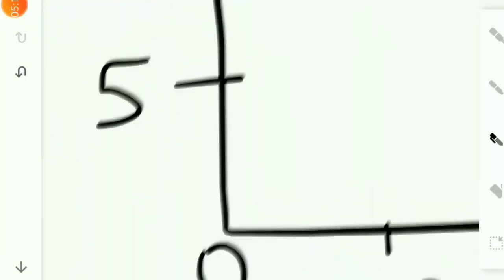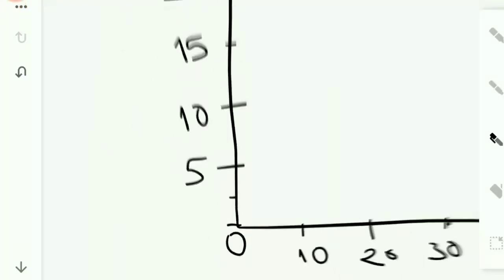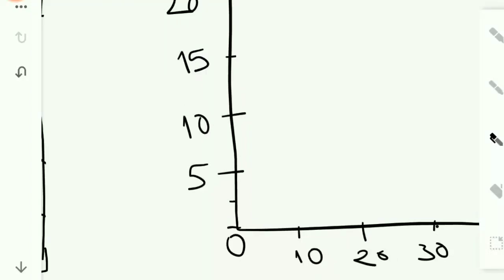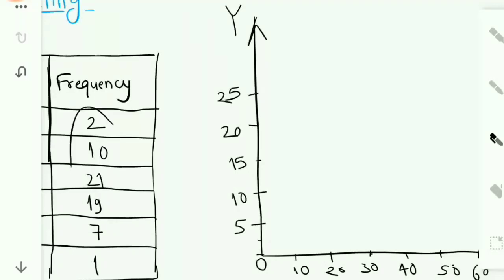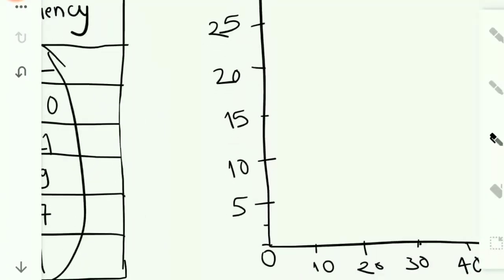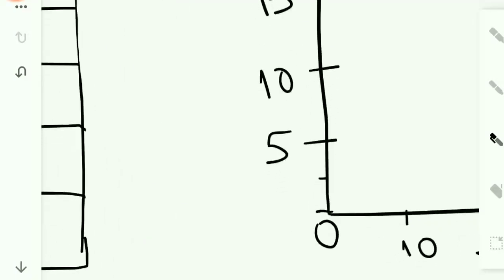You know how to choose these values. There are 10 divisions between 0 and this first unit here in your graph paper. So you should choose a scale such that you can represent all of these numbers easily. Now here I have taken scale 0 to 5, 1 centimeter equal to 0 to 5.